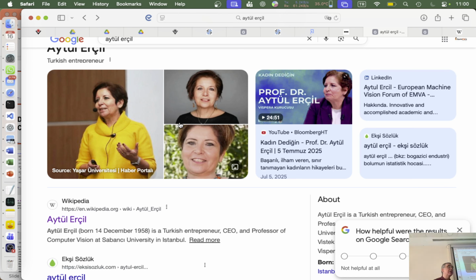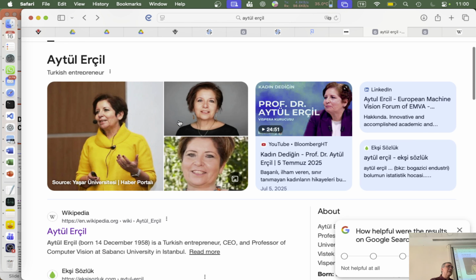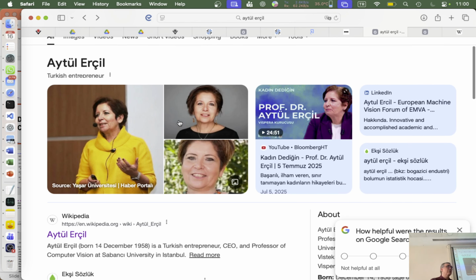So she can't teach computer vision anymore because what she knew became obsolete. All those years, 50 years of knowledge became obsolete. Of course it is not obsolete, but nobody is using it.